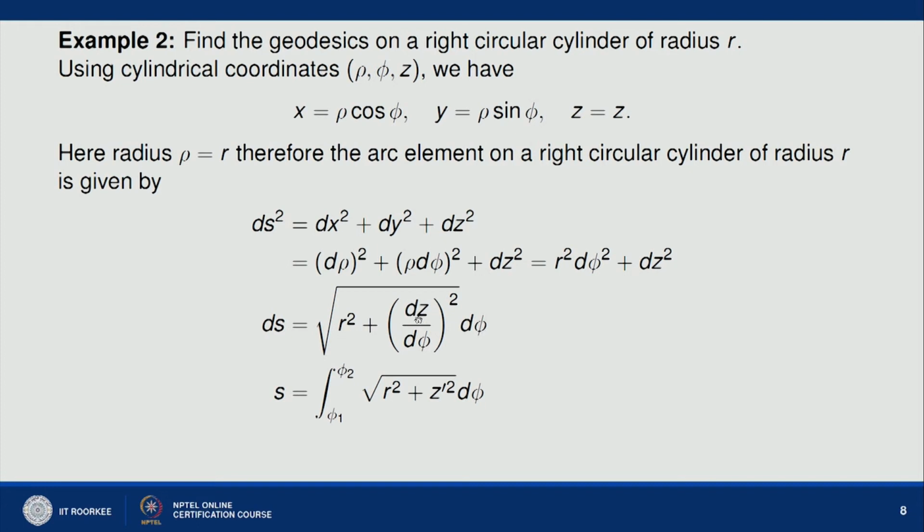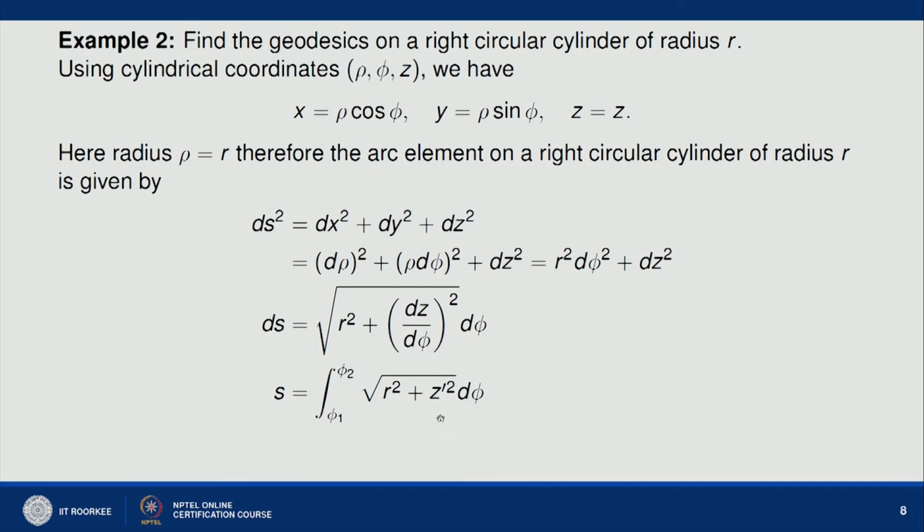Here we are assuming that z is a function of phi, and the arc length is given by s equal to integral from phi 1 to phi 2 of under root r square plus z dash square d phi. Now this is nothing but a function of phi and z dash.